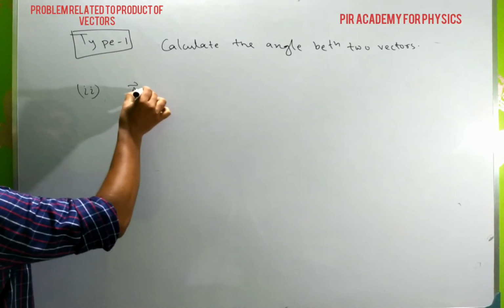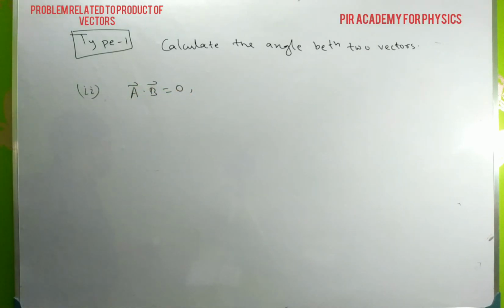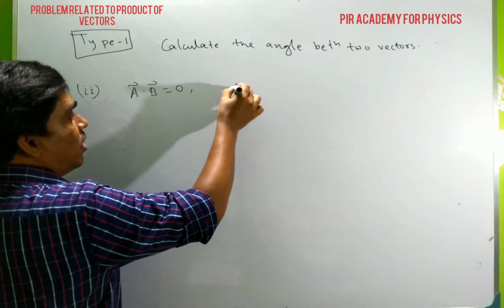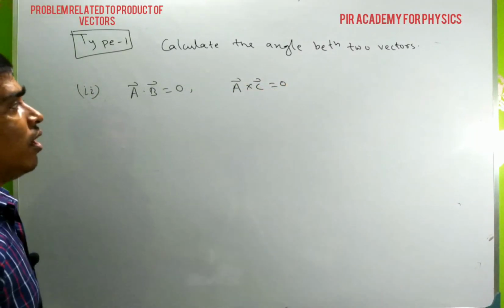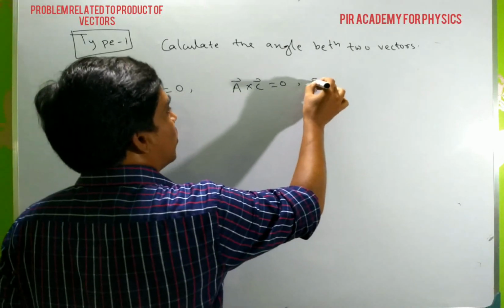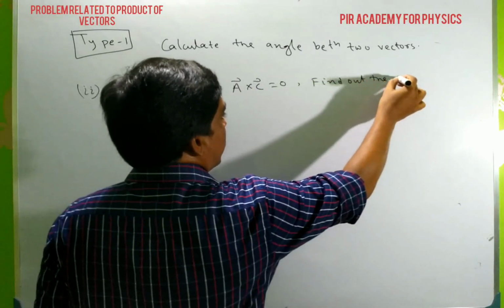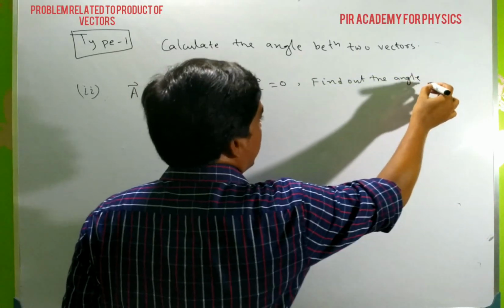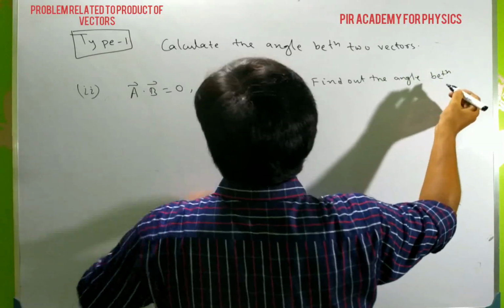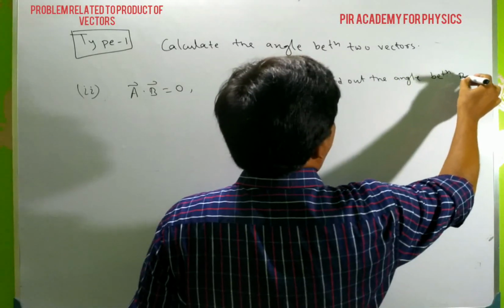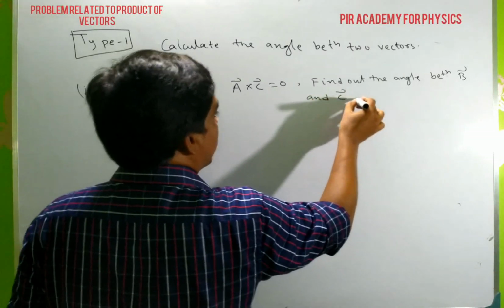A dot B equals 0 and A cross C equals 0. Find out the angle between B and C vectors.